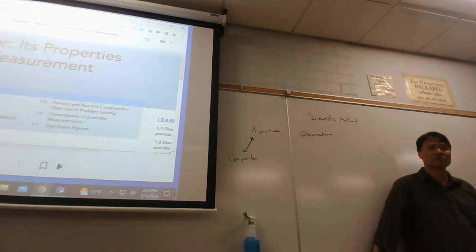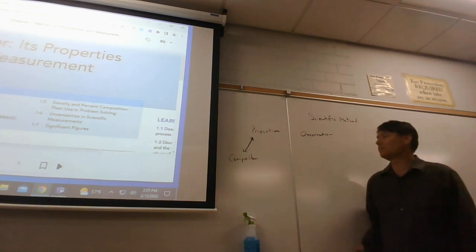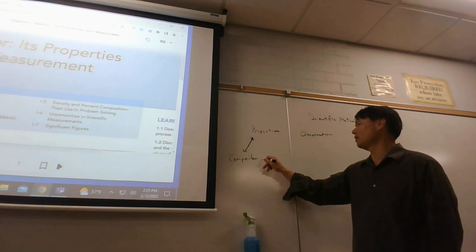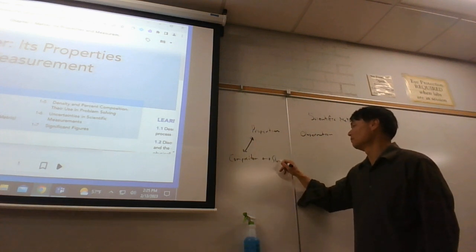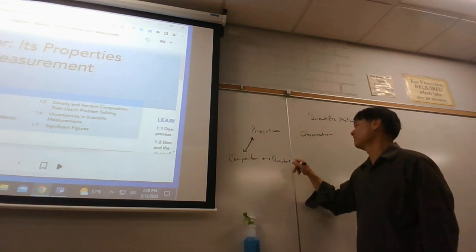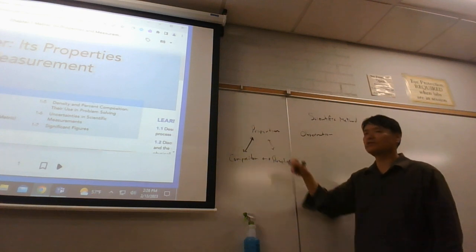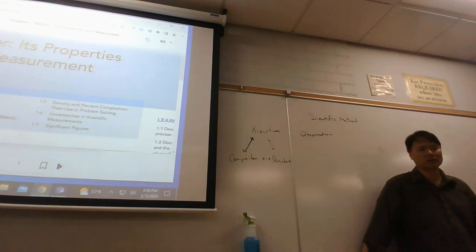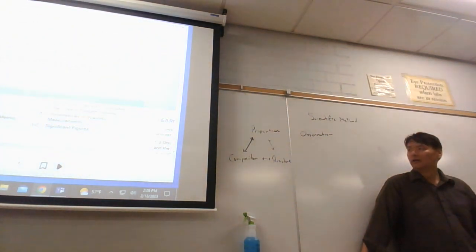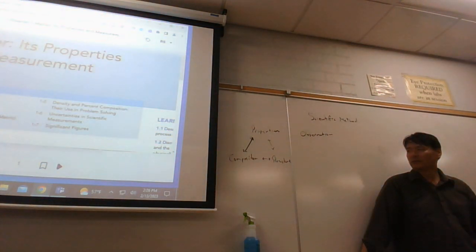Helium's made up of protons, neutrons, and electrons too. Why the difference in properties? And so it's not just composition, but we are also interested in how things are structured. How are those protons and neutrons structured and electrons structured? That might give us insight into why the properties of some substances differ than the properties of other substances.